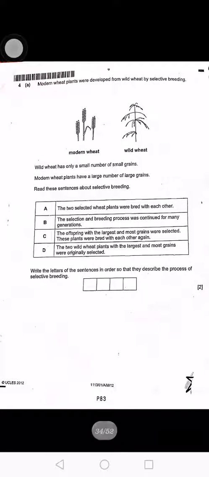Question 4a. Modern wheat plants were developed from wild wheat by selective breeding. What does selective breeding mean? Select desired features, then breed together. These are the steps of selective breeding.